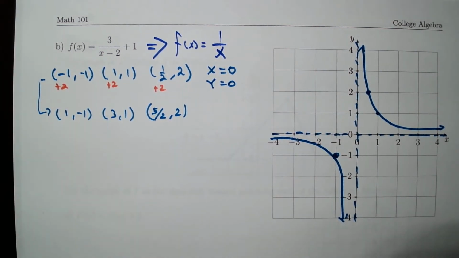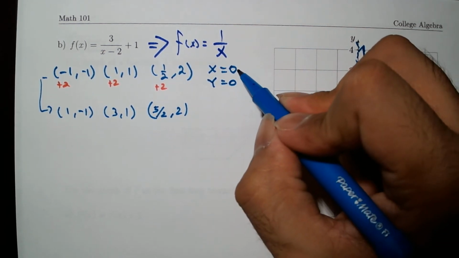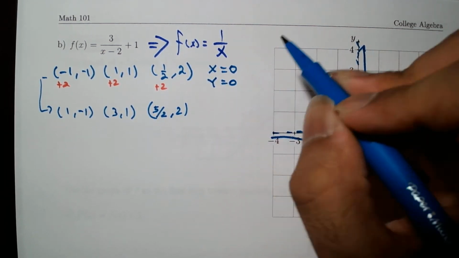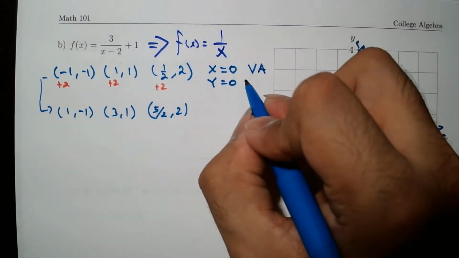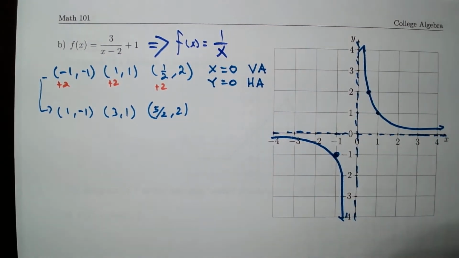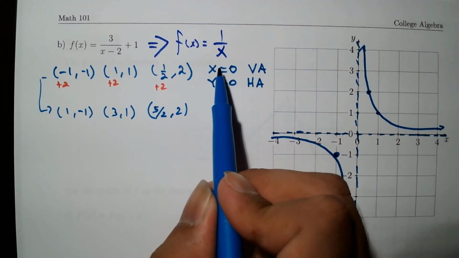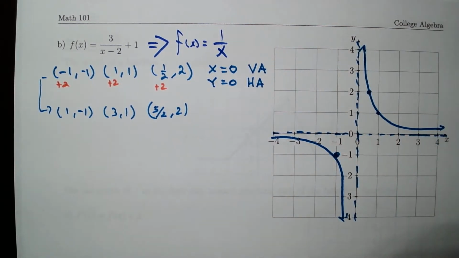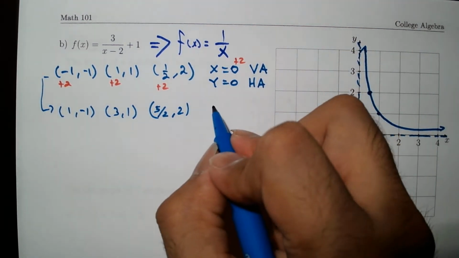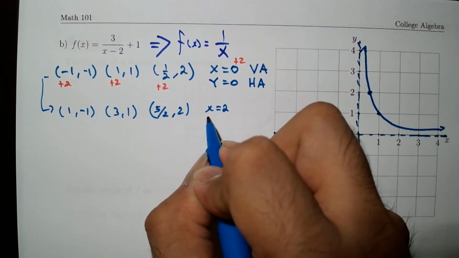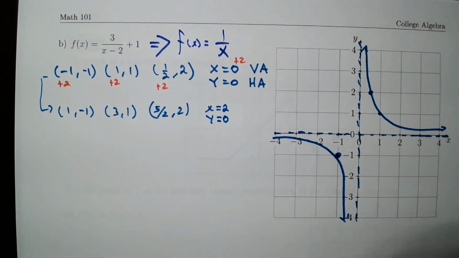Let me call them VA for vertical asymptote and HA for horizontal asymptote. The vertical asymptote, which corresponds to x, I will also shift by adding 2 units, and that's going to become x equals 2, and the horizontal asymptote remains the same.